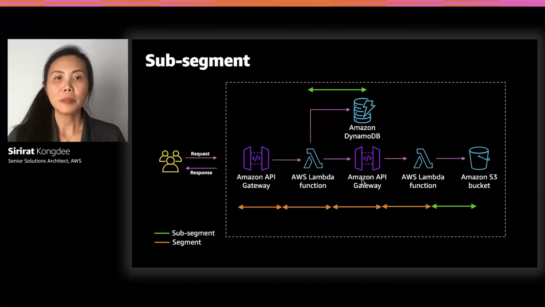A segment can break down the data about the work done into subsegments. Subsegments provide more granular timing information and details about downstream calls that your application made, which can be a call to an AWS service, an external HTTP API, or a database. You can even define arbitrary subsegments to instrument specific functions or lines of code in your application.